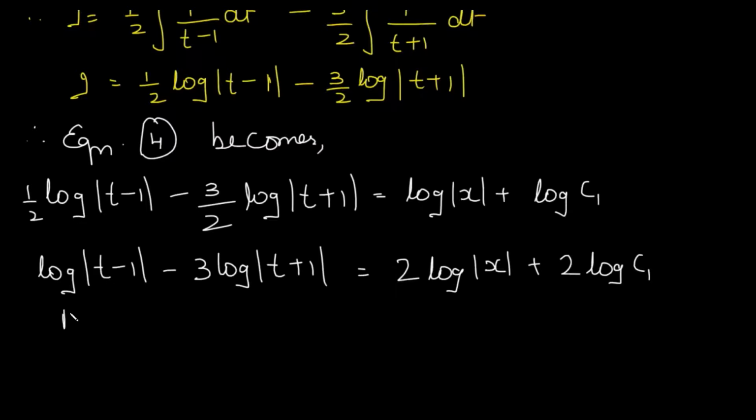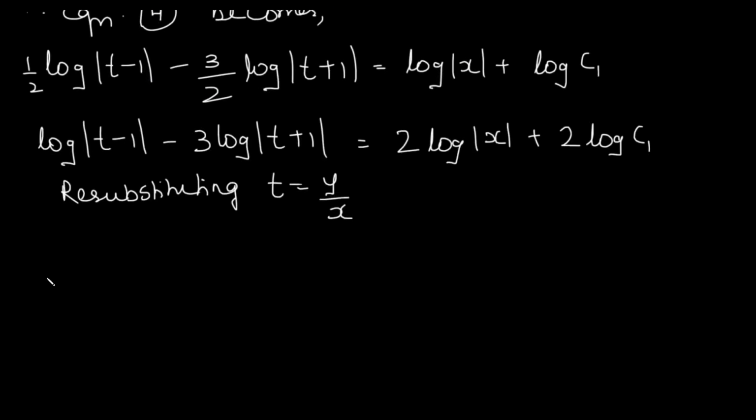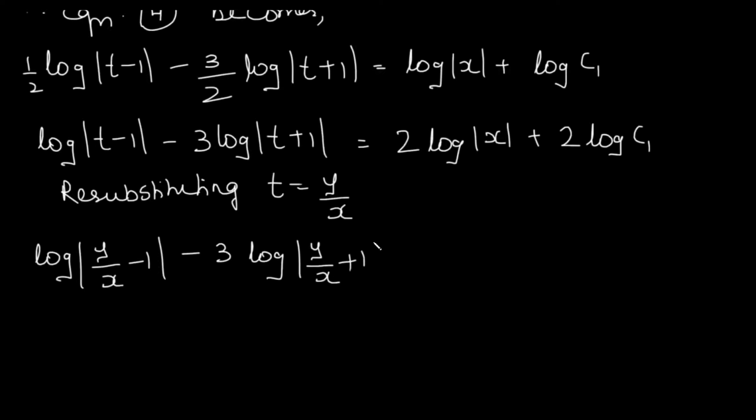Then we resubstitute. Like the previous sum, we just resubstitute t as y upon x. So resubstituting t is equal to y upon x, we are going to get over here log of mod of y upon x minus 1 minus 3 log of y upon x plus 1.